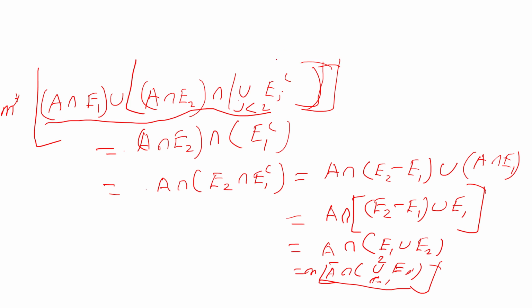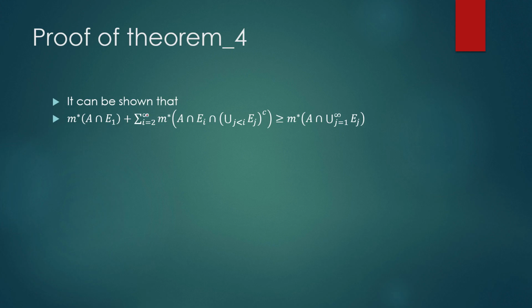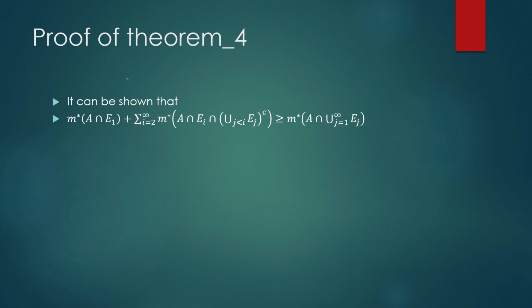Suppose if you take n is equal to, say, n is equal to 3, what do you get? In this one, instead of taking infinity, if you take 3 here, then I has to run from 2 to 3. So then what do you get? Let us see. So this will be union. Okay, A intersection E2.